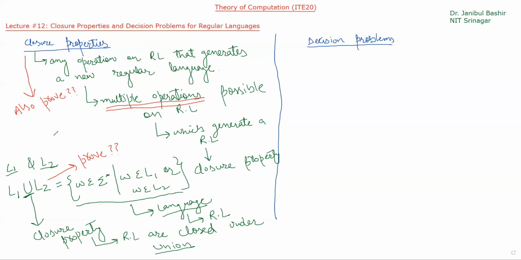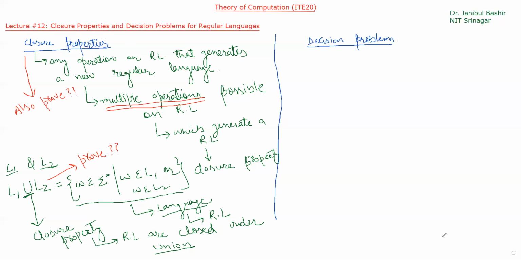That operation will not be a closure property such that when it is applied on regular language, the new language that we will get will either be a regular language or a non-regular language. However, if an operation always results in a regular language, then that particular operation will be called a closure property on regular language. So the first part is that we have to discuss these closure properties.